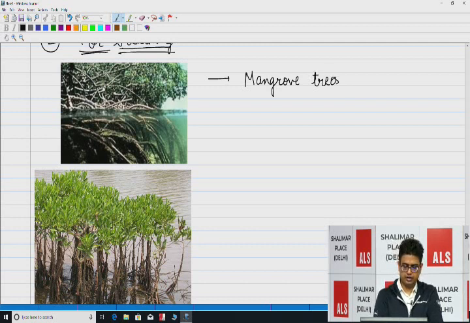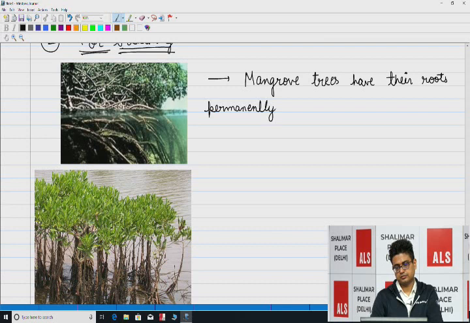You can write here, mangrove trees have their roots permanently submerged underwater.